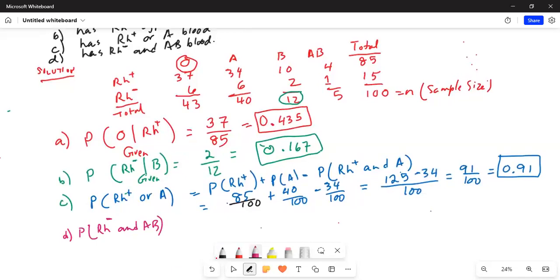Rh minus and AB, the intersection point is over here. So this is equal to 1 out of 100, or 0.01. This is the answer for part D. So the intersection of the second row and the fourth column is 1 out of the grand sample size of 100. 1 out of 100 is 0.01.